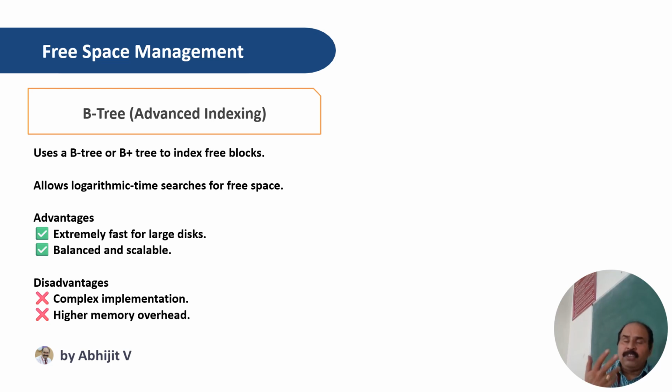So this is a type of indexing that allows logarithmic time searches for free space. The advantages of B tree are that it is much faster for large disks, more balanced and scalable. Scalable means you have a larger system.